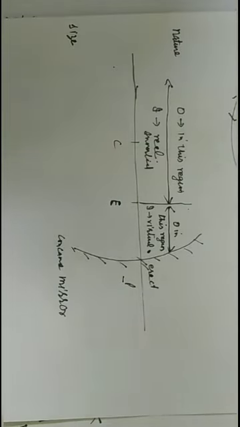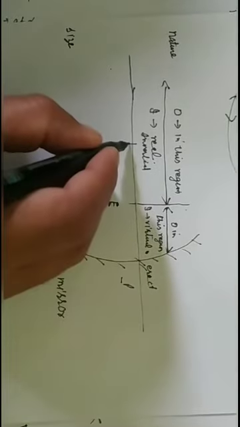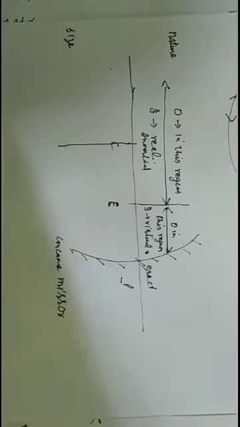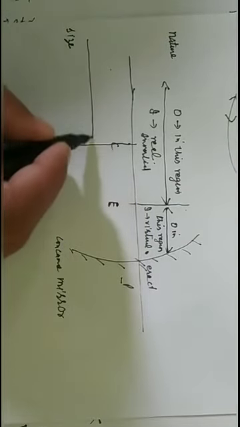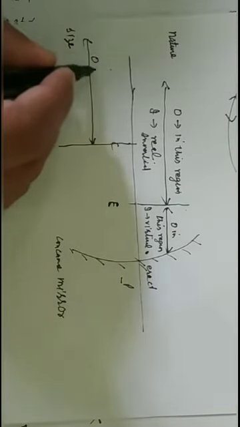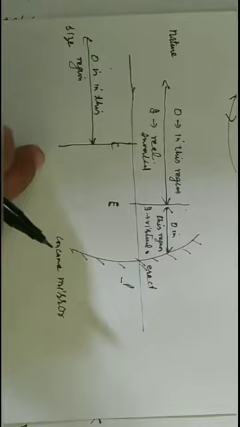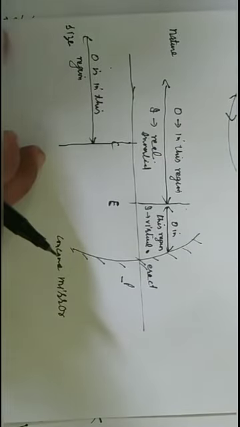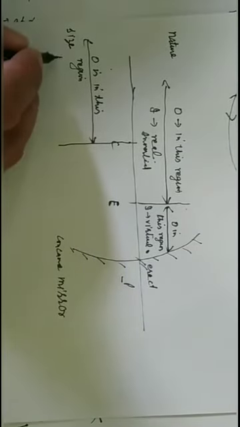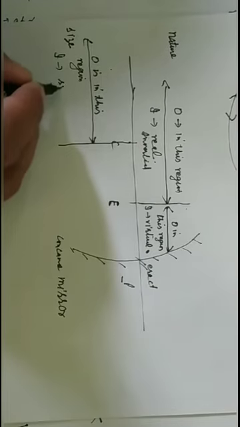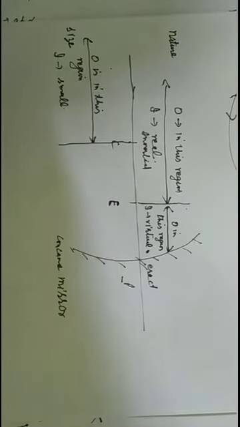Now let us talk about the size. Here C is the turning point. If you place your object in this region, meaning from infinity to away from C, then the image will always be small in size.